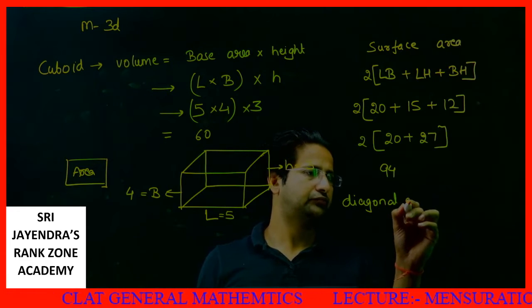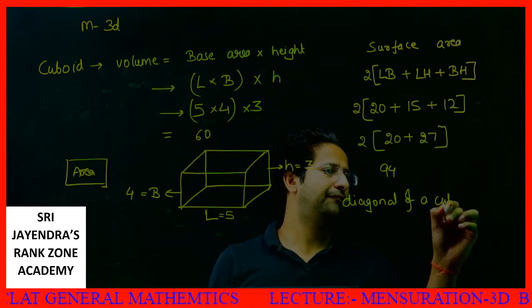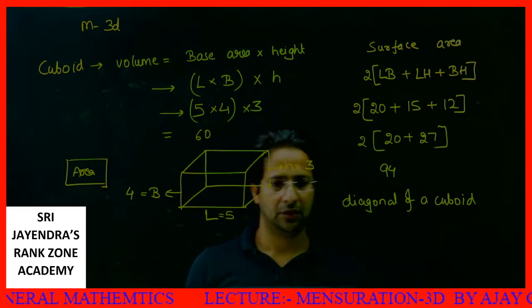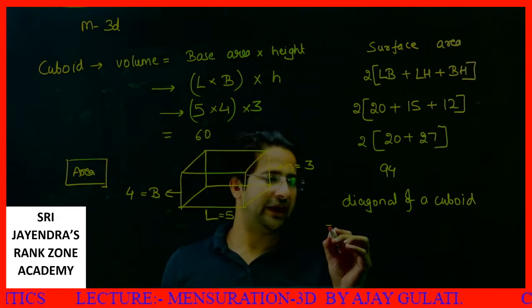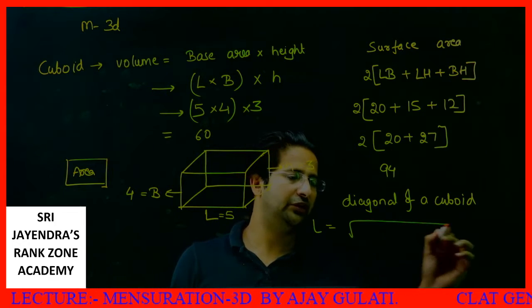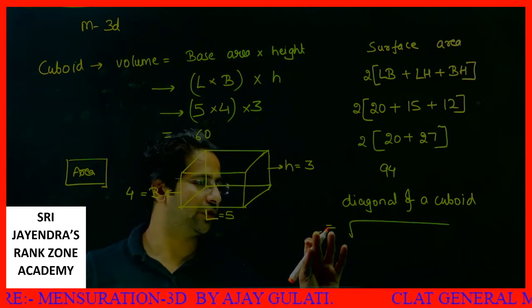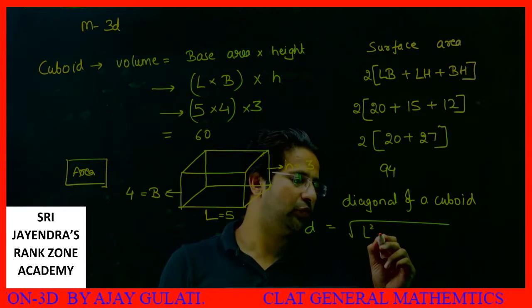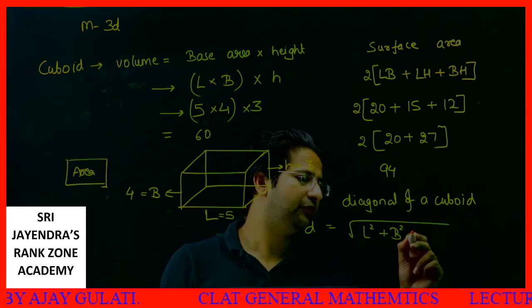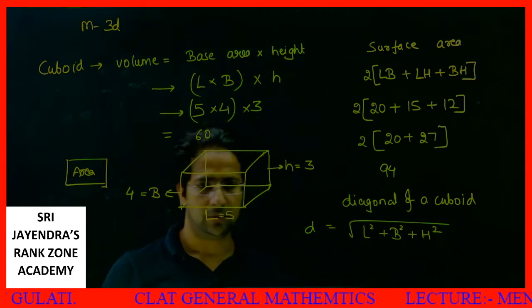Diagonal of a cuboid. What do I get as the diagonal of a cuboid? The length of the diagonal, let's say I denote it by small d, is under the root L square plus B square plus H square.